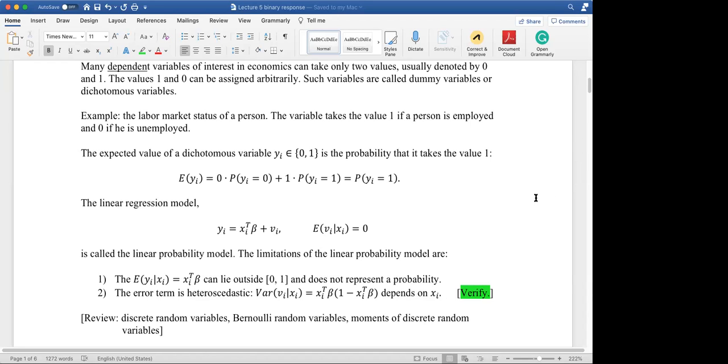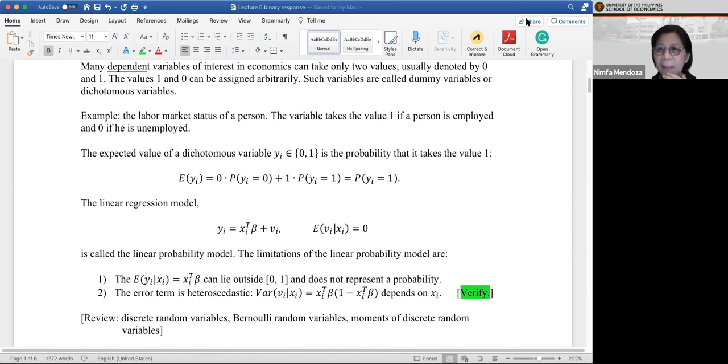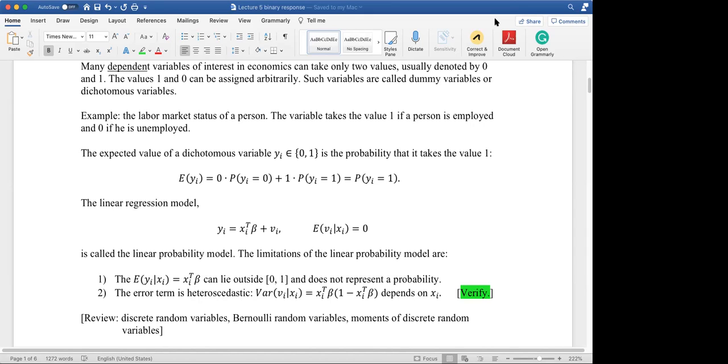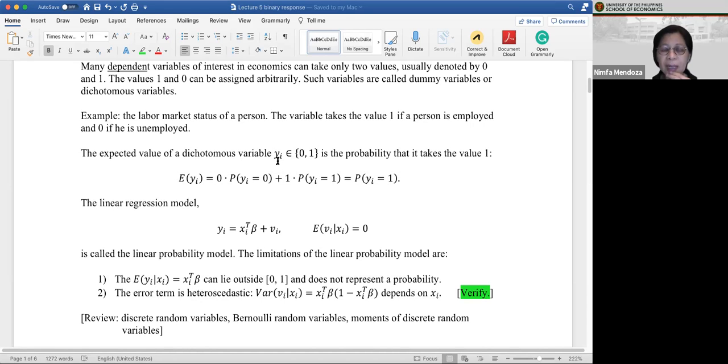Yes, ma'am, you had this. So just do that. Another way of looking at y sub i is that it is a Bernoulli random variable, which is a discrete random variable. You should know how to get the moments of a discrete random variable. For discrete random variables, you use summation signs rather than the integral operator.